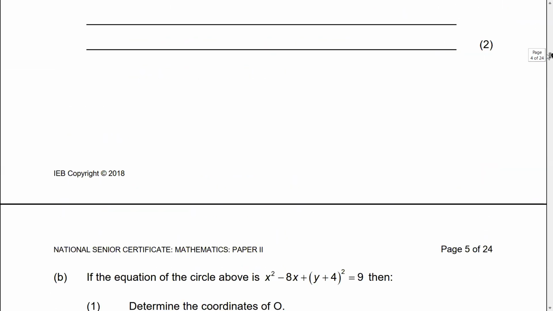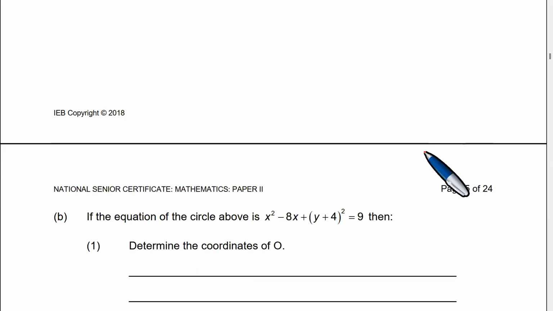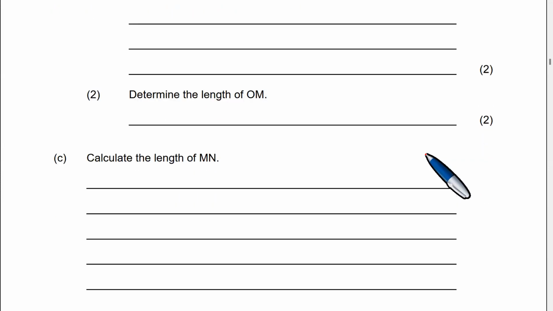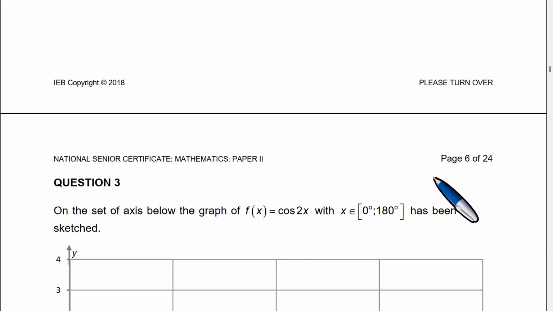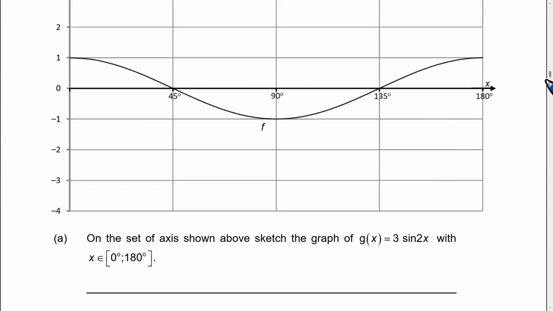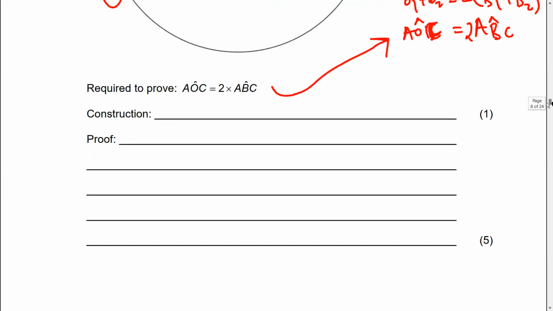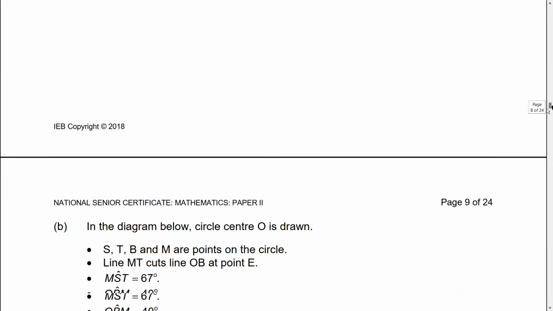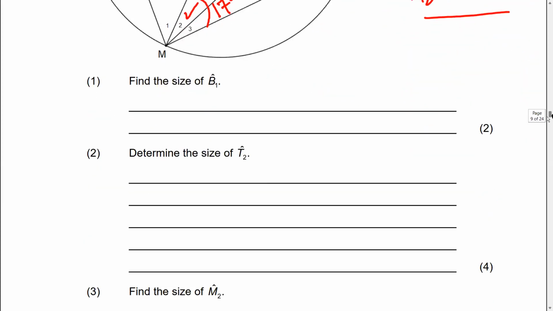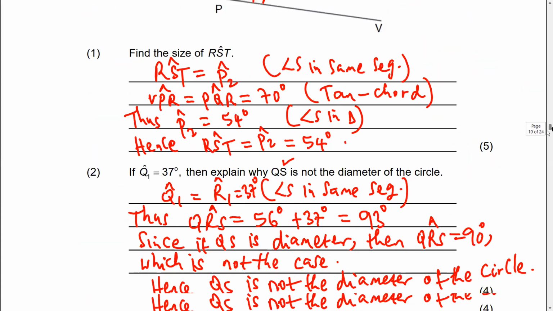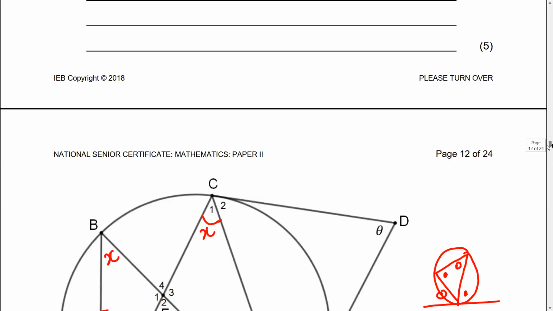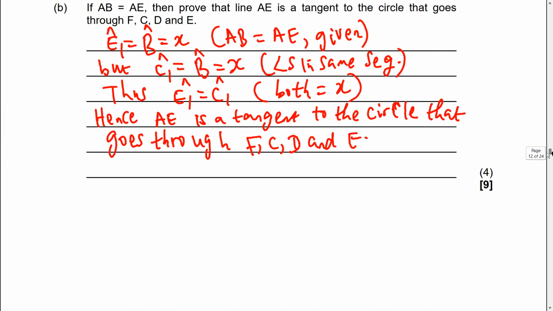Right, this is 2018. And then I'm going to send you another one, 2019. I'm going to send the question on WhatsApp that you're going to do as homework. For now, I think we've done quite well. We've just gone through this paper.